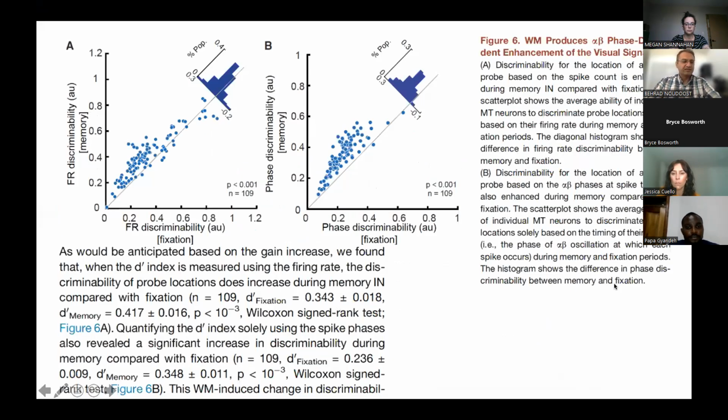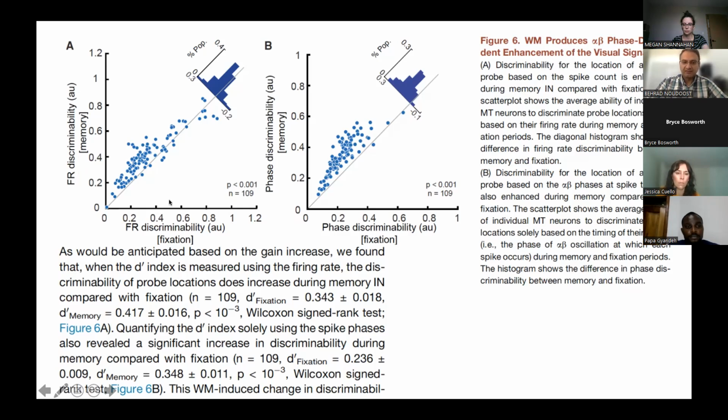So here is figure 6. Probably you don't need to understand everything about the point of the figure, but what I want to walk you through is that here are 2 panels, and I took part A and B from the figure caption. Part A describes the discriminability for location of a visual probe based on spike count, which is firing rate, during memory in compared to fixation.